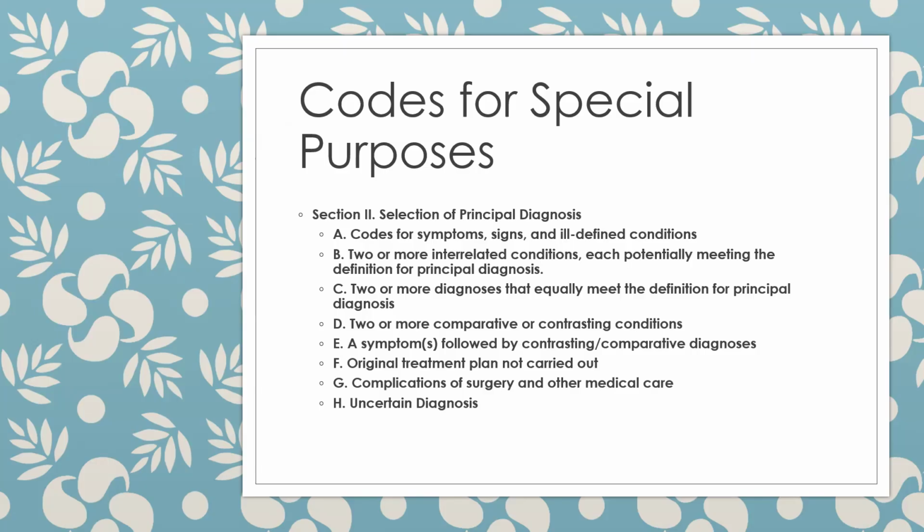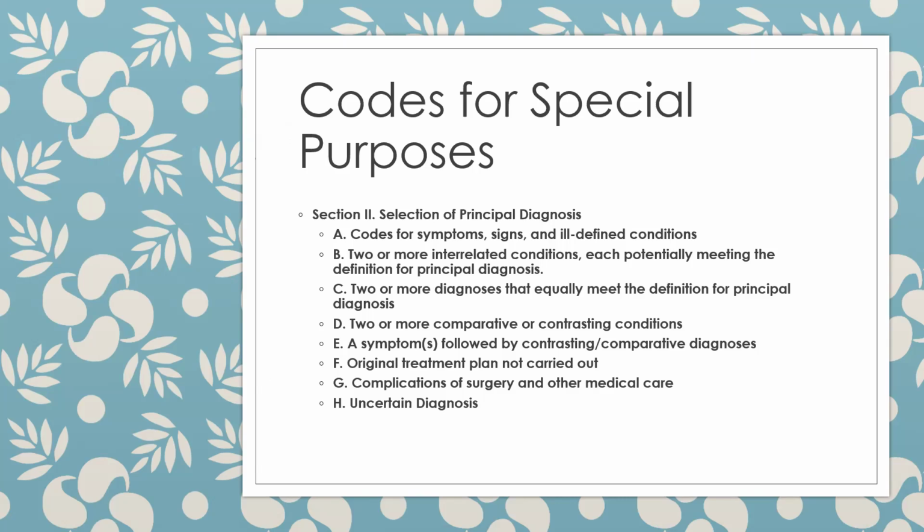In determining principal diagnosis, coding conventions in the ICD-10-CM, the tabular list and alphabetic index take precedence over these official coding guidelines. See section 1A for conventions for the ICD-10-CM. The importance of consistent, complete documentation in the medical record cannot be overemphasized.